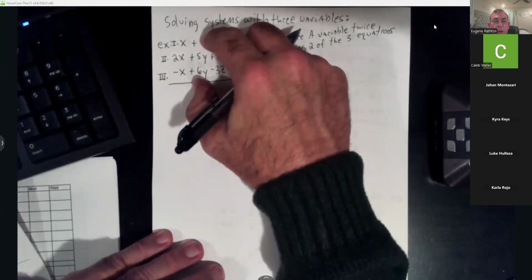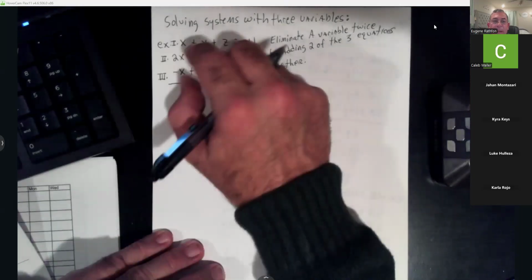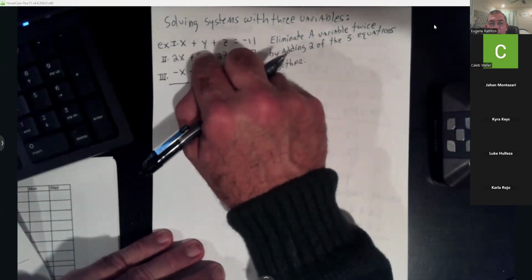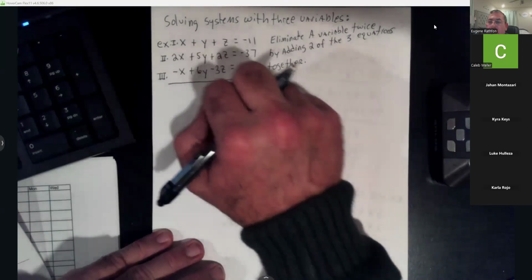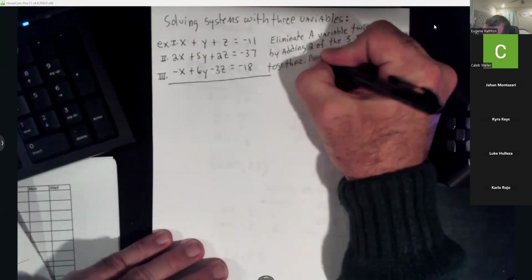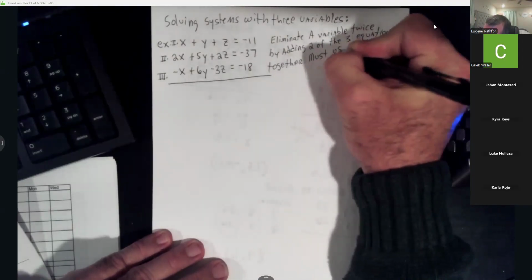So I'm going to choose 2, eliminate a variable. Then whatever equation I didn't use, I have to use it with one of the other ones and eliminate that variable again. So we have to use all 3 equations at least once.